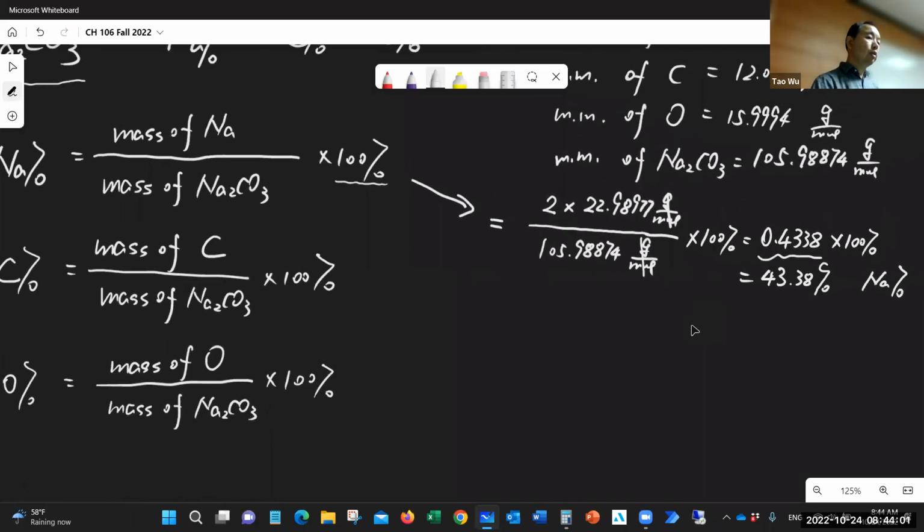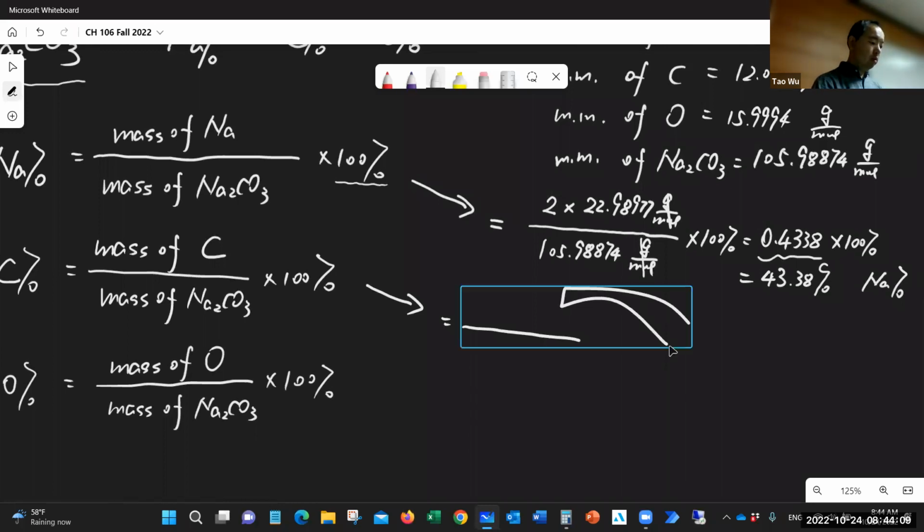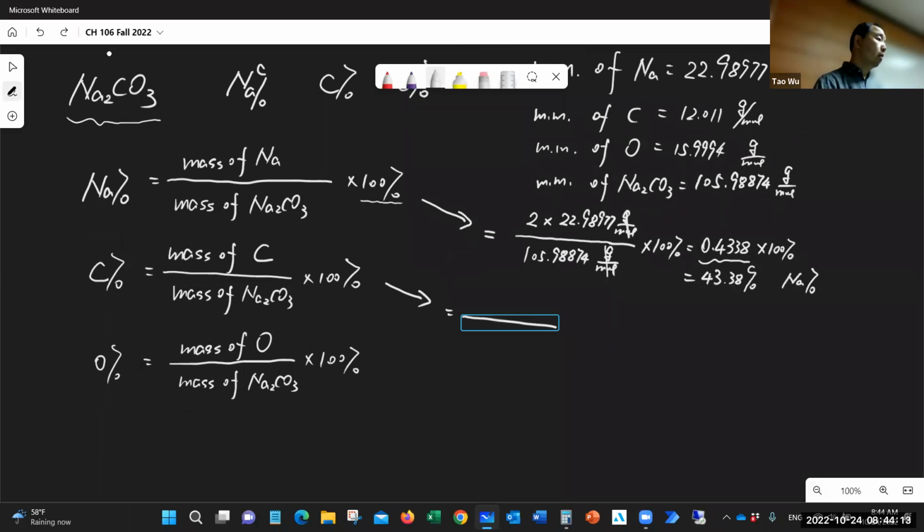Well, then you can do the same thing for the carbon. Since sodium carbonate has only one carbon in this formula, the mass of carbon is just 1 times the molar mass of carbon, which is 12.011 grams per mole.